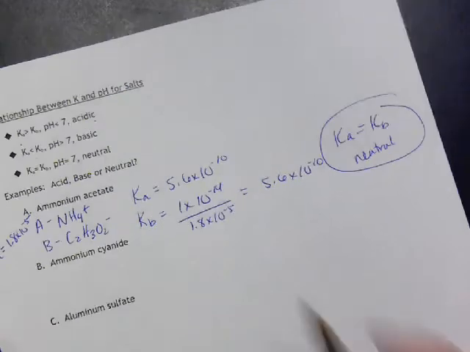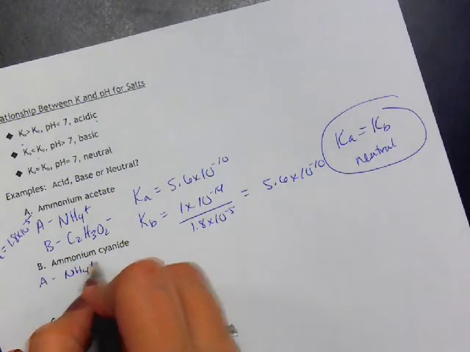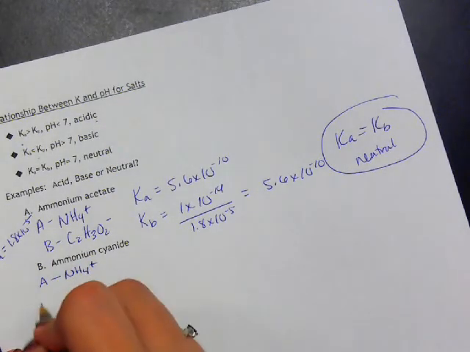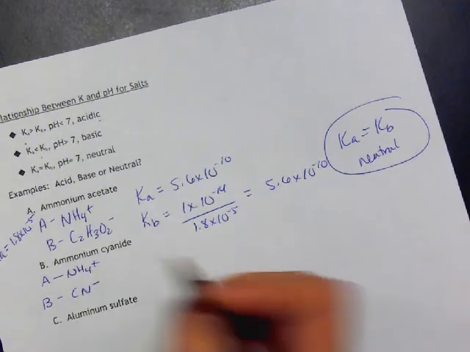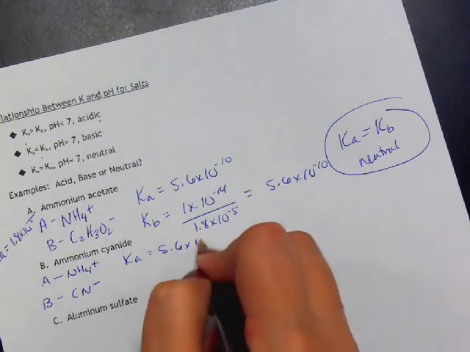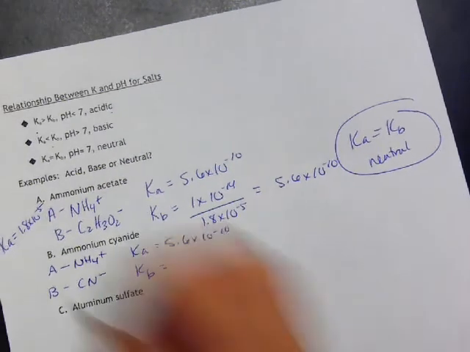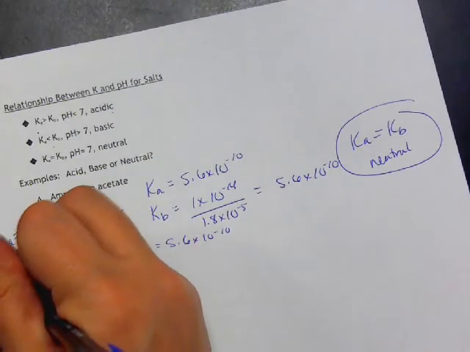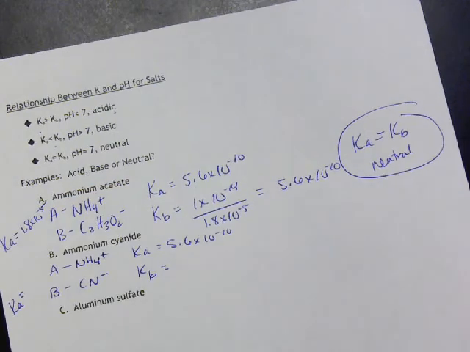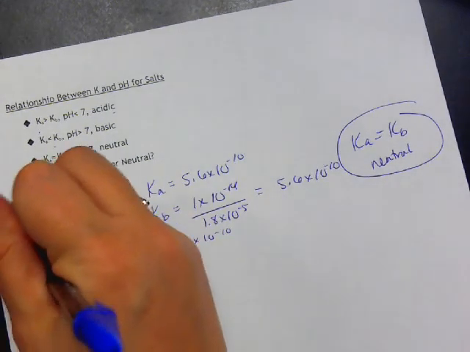Alright, so we do the same thing for the next one. We look up our ammonium ion, which would be our acid, and then our base would be the cyanide ion. So again, our Ka is 5.6 times 10 to the minus 10. We would need to calculate our Kb for the cyanide. So we look up the Ka value for the cyanide ion, and we find that it's 4.9 times 10 to the minus 10.